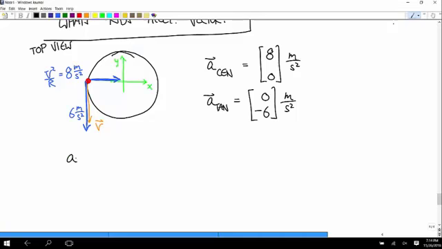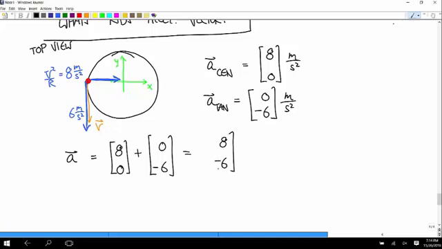The total acceleration then is just the sum of those two pieces. So 8, 0 plus 0, negative 6. And so 8, negative 6 meters per second squared.